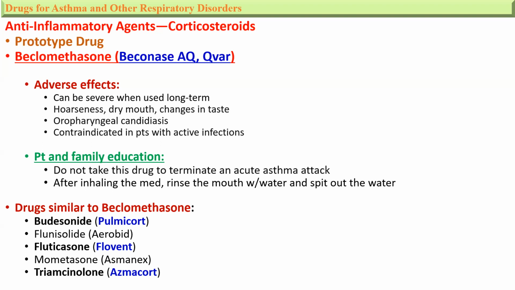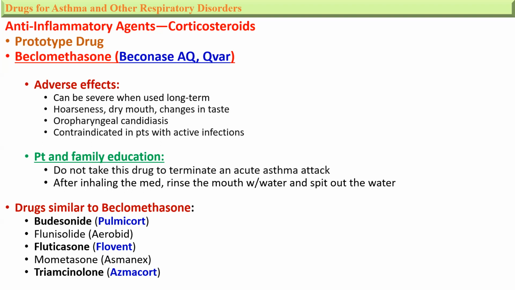In other words, a patient with a mild infection could progress to a severe infection and septicemia without showing signs of infection, because again, the drug will mask the signs of infection.